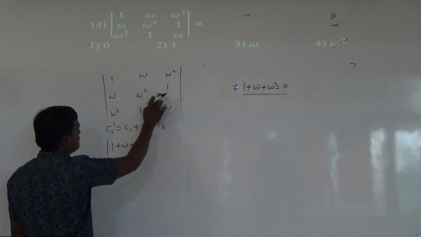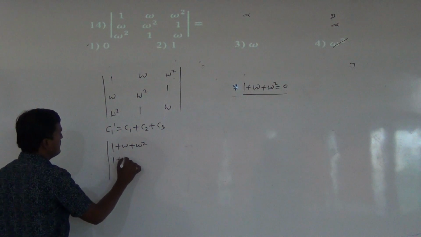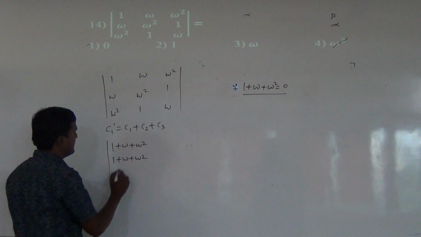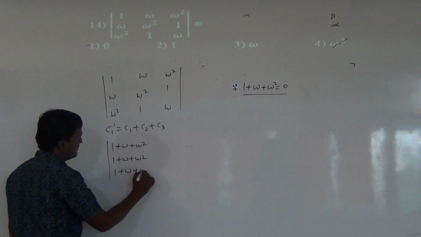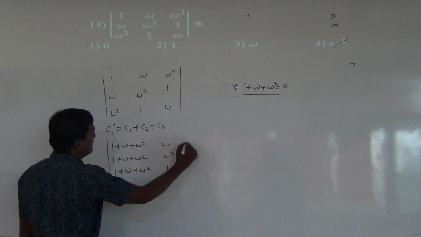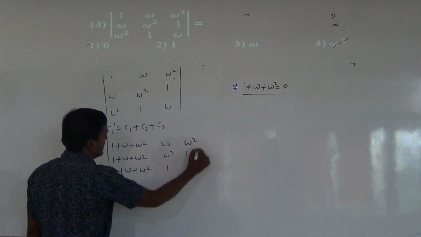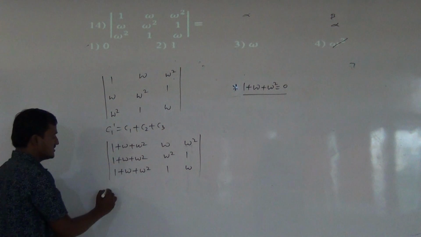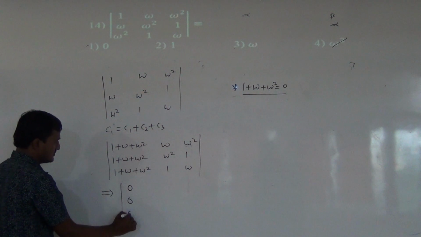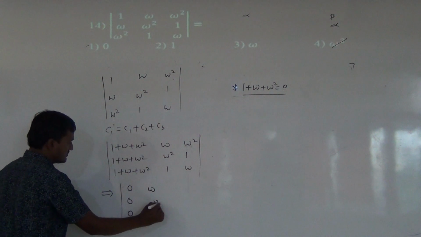Omega plus omega square plus 1 means again it is 1 plus omega plus omega square. Omega square plus 1 plus omega means 1 plus omega plus omega square. So here it is omega square, 1, omega square, 1, omega, right? So what is the value of this one? So clearly the value of this expression is 0, 0, 0.